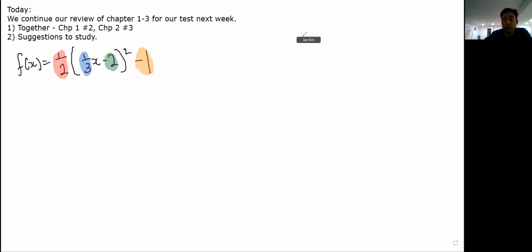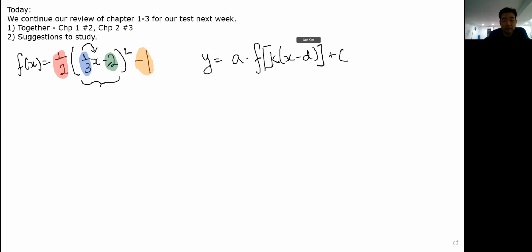But you have to be careful because, as I'm going to say, the general equation for transformation is in the form of A multiplied by the function, K is multiplying to a binomial that involves x and the horizontal shift. If you take a look at this and compare, you will notice that the k value is directly multiplying with the x before the horizontal shift is applied in that sense, right?